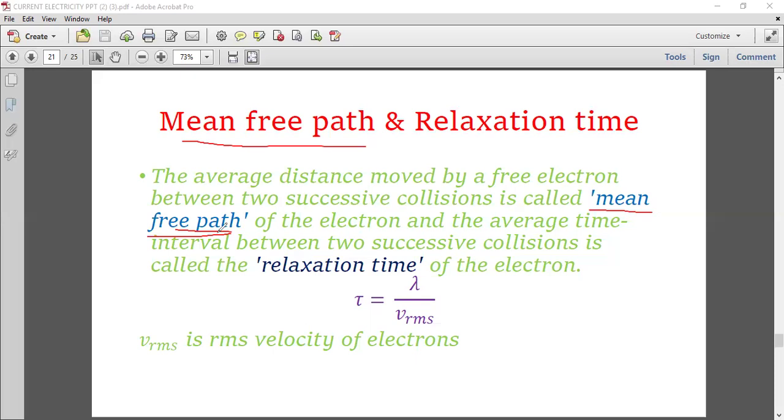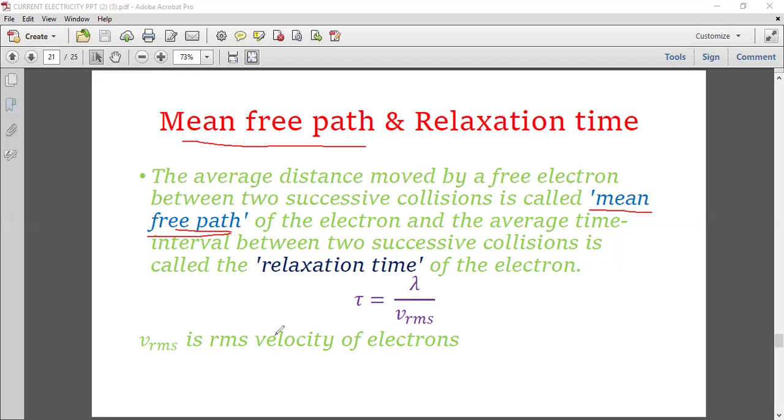Collisions will be frequent, mean free path will be less. But if atoms are apart from each other, then what will happen? Collisions will be less frequent, mean free path will be longer. It's clear? So see here, average distance moved by a free electron between two successive collisions is called mean free path.